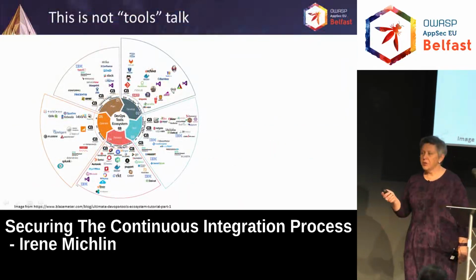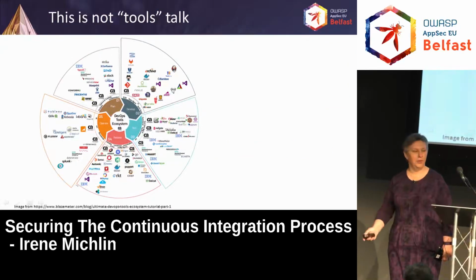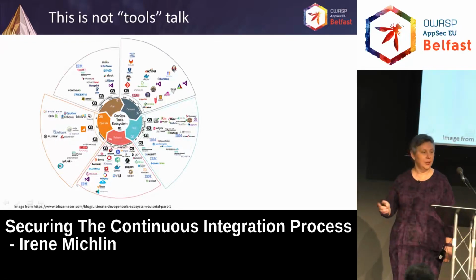I said process and technology, but this is not a tools talk. The choice is enormous in this space. I'm not going to say this is the recommended tool chain. It's not on my agenda.